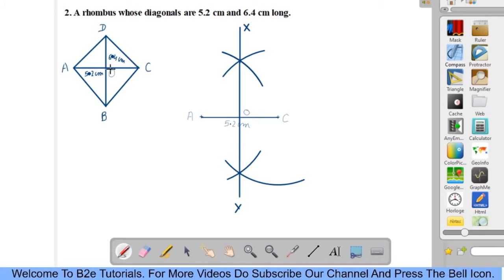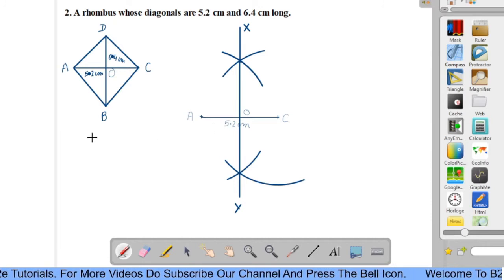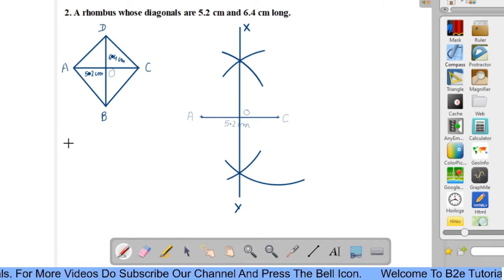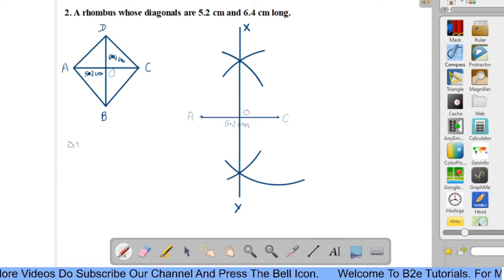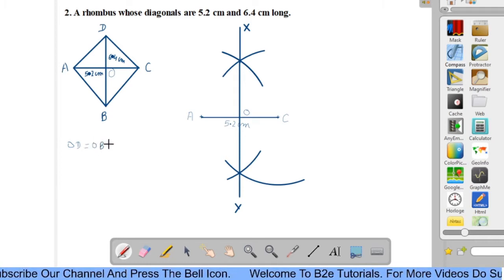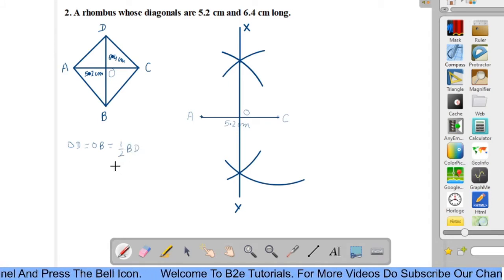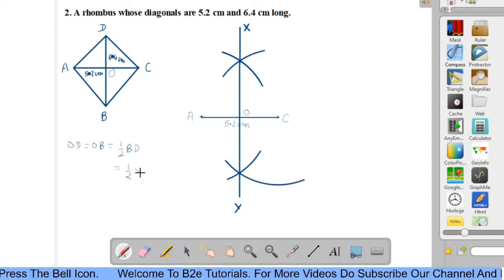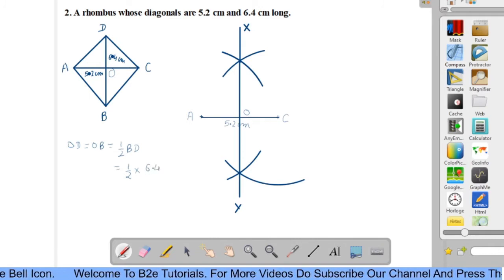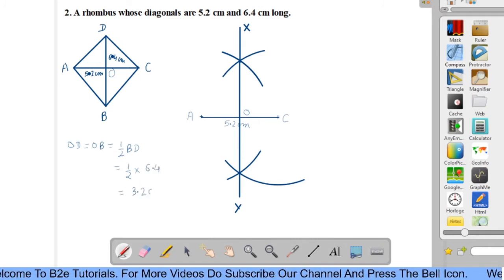Now with center O and radius half of the second diagonal, that is half of BD, that is half of 6.4 centimeter, that is 3.2 centimeter.